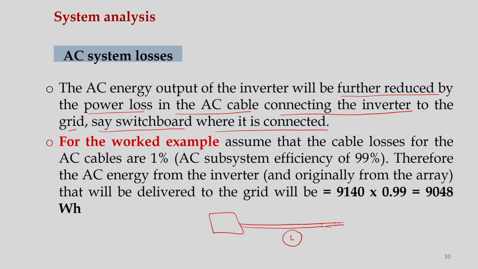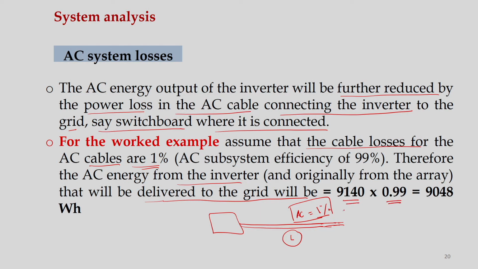So, if we continue with the same exercise, assuming the cable loss for the AC cable is 1%. Then the AC energy from the inverter that will be delivered to the grid will be 9140 into 0.99.